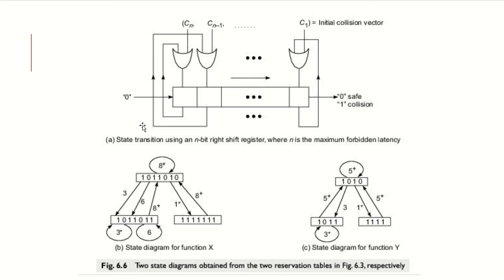If a 0 emerges out of the register, that corresponds to a safe state, and 1 corresponds to a collision. If it is a safe state, you use the bitwise OR operation to derive the next state. If it is a 1, you simply discard it.